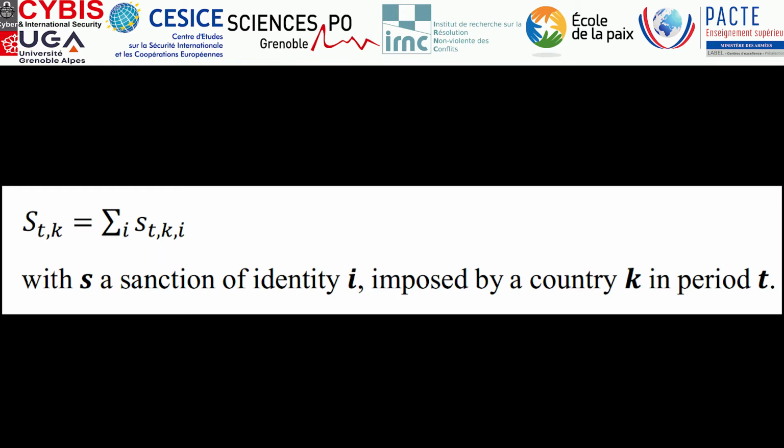Because of all these limitations, we have decided to create a composite sanction index, which is also the aggregation of dummy variables through time, but where sanctions are independent and have an ID. It's useful to do this because it allows us to define parameters for each sanction.